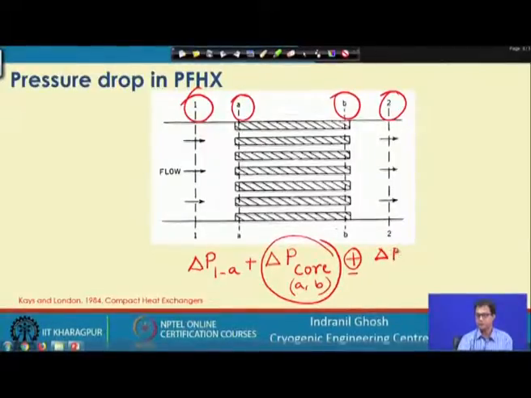So, we have three components in this pressure drop.